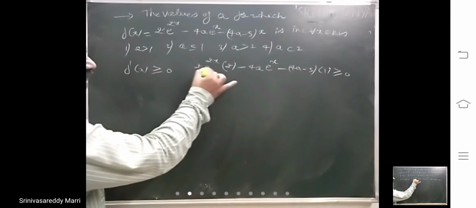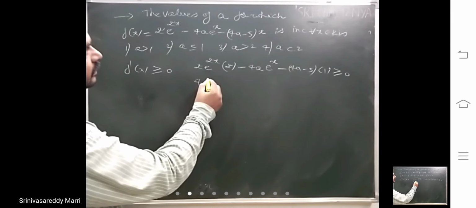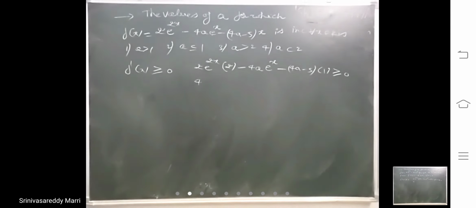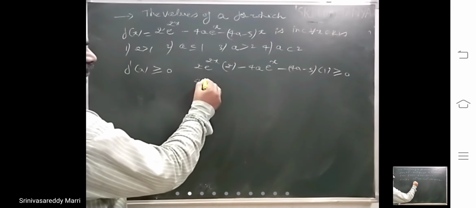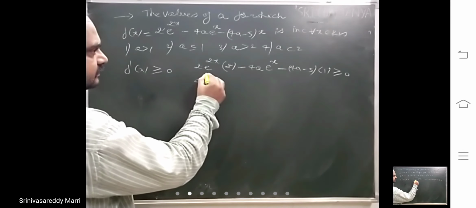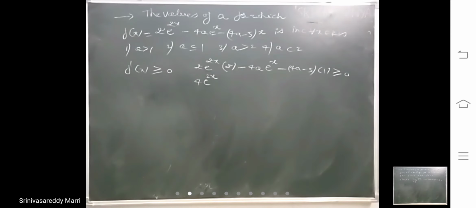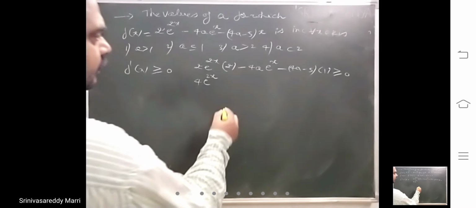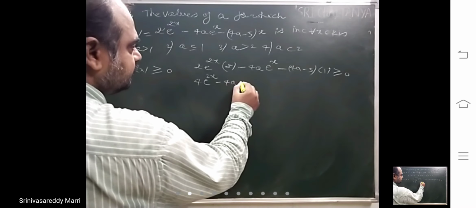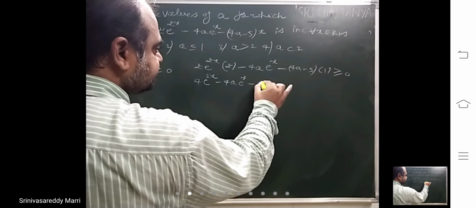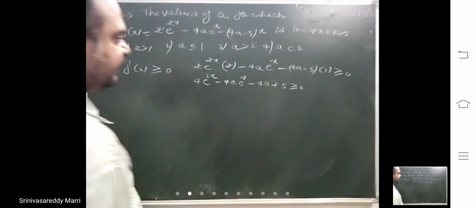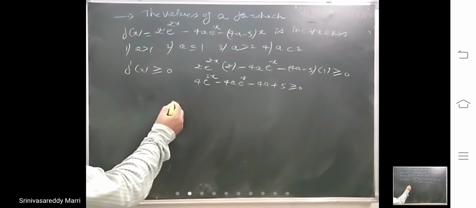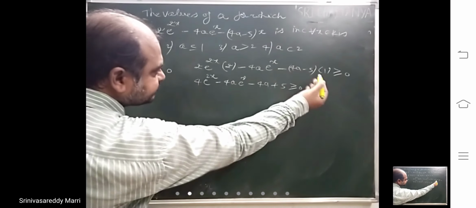That means this is 4e power 2x minus 4a e power x minus 4a plus 5 greater than or equal to 0. So what I am doing is bringing the a terms to that side.